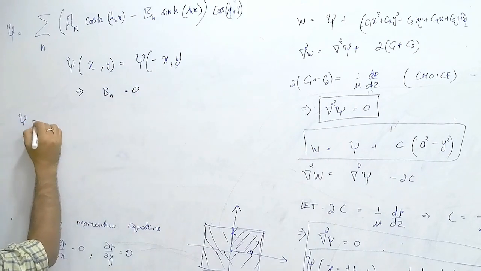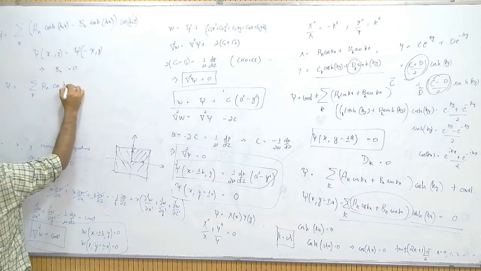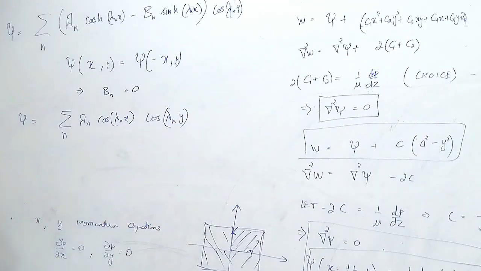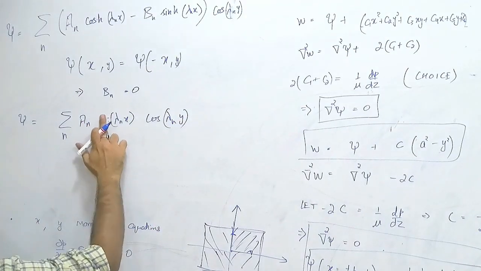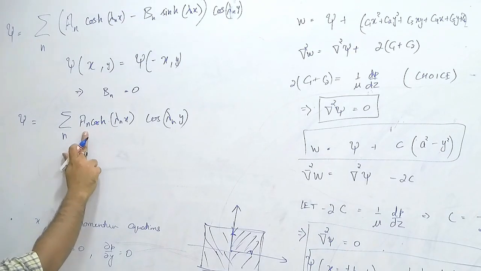So, the solution is a n cos lambda n x cos lambda n y. This should be cos hyperbolic, sorry. And now we just have to find these a n's.